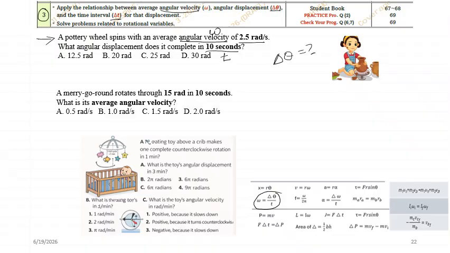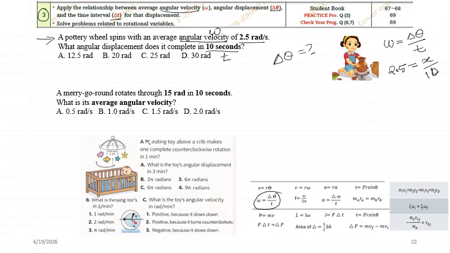I think it's easy. We have the equation; omega is given and t is given. Which equation will we select? Look at omega and t, and we need theta. The equation connecting omega, delta theta and t is omega equals delta theta divided by t. Substituting the values, 2.5 equals x divided by t, and t is 10.